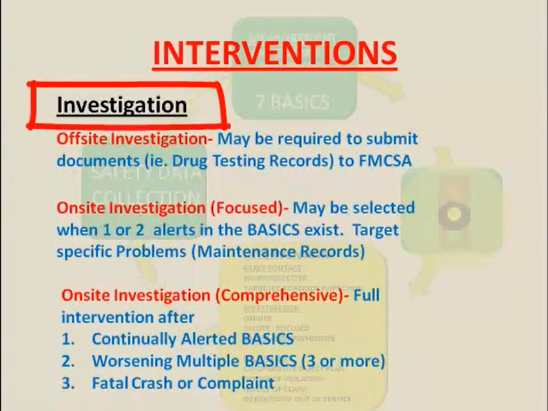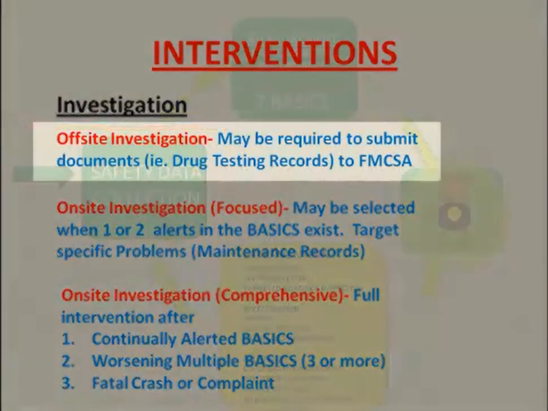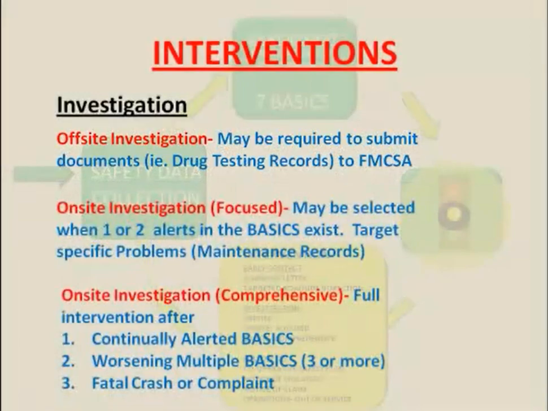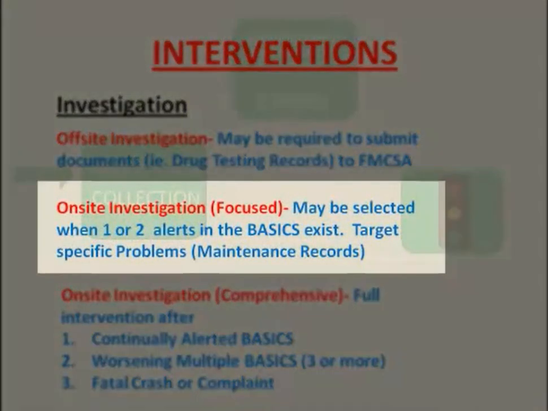There are 3 levels of investigation under the CSA. First is the off-site, whereas you may be required to submit documents such as drug testing records to the FMCSA. The next level is focused on-site investigation, where agents come on site to target specific problem areas, such as maintenance records.